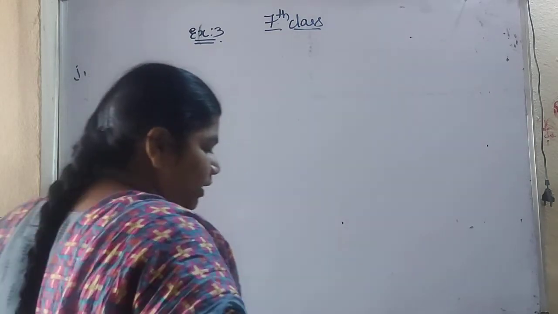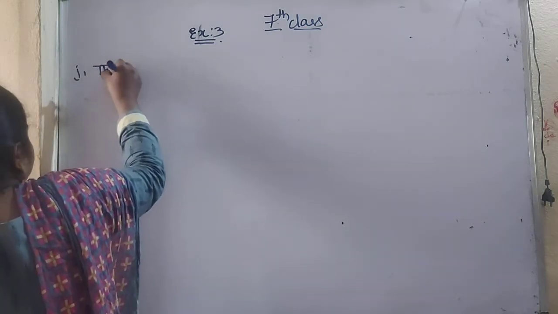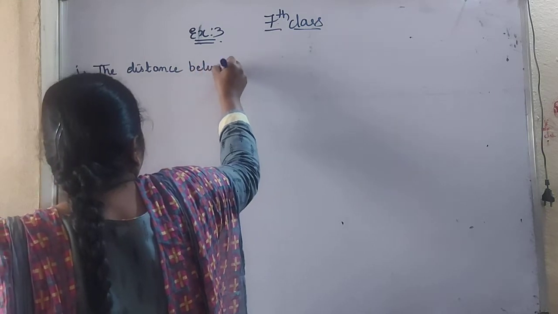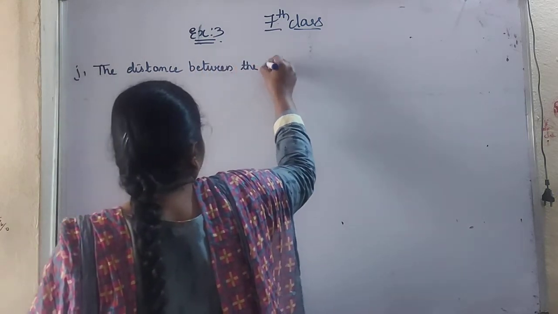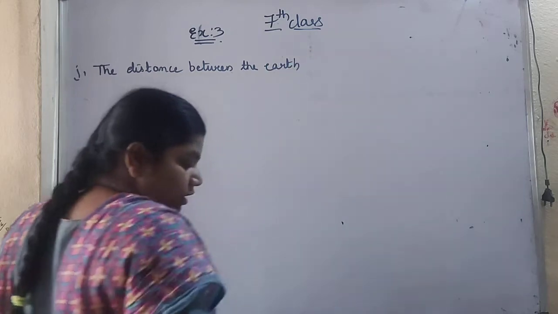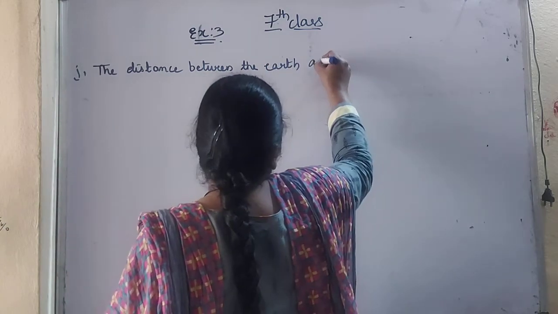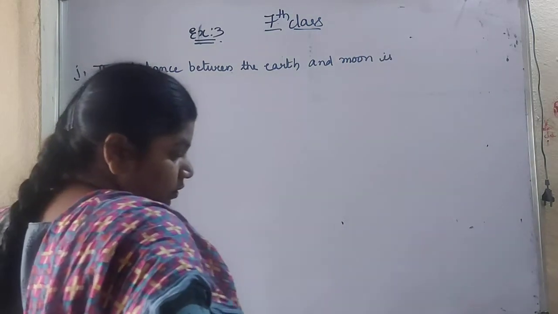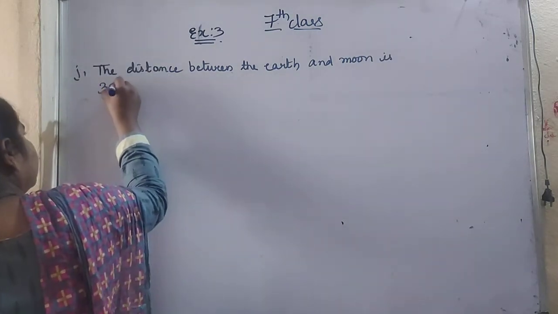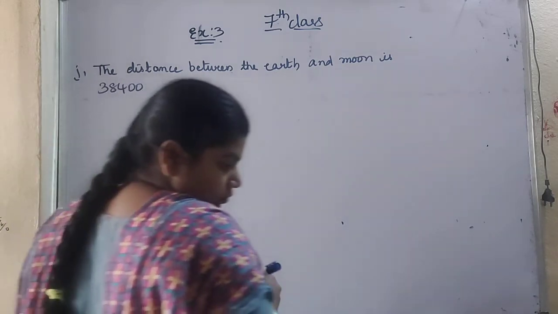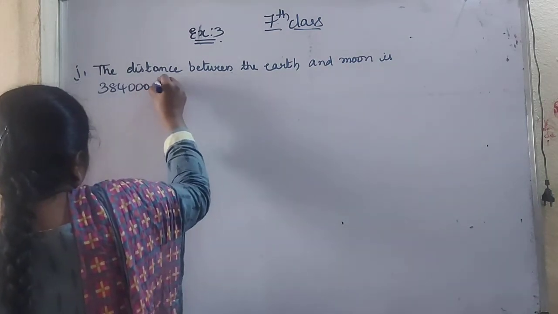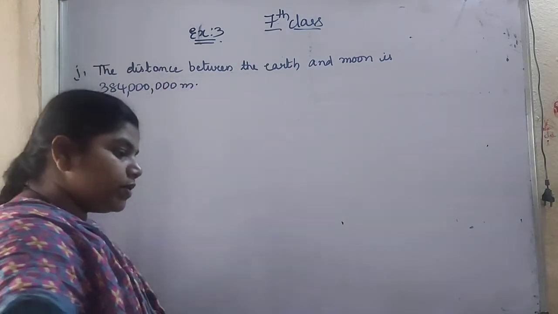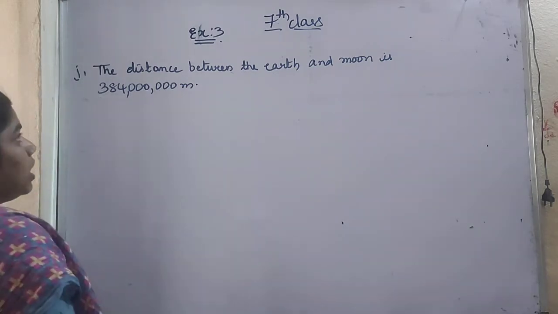In that, the first one is the distance between the earth and moon. So this is the distance between the earth and moon, and we have to convert it into standard form.